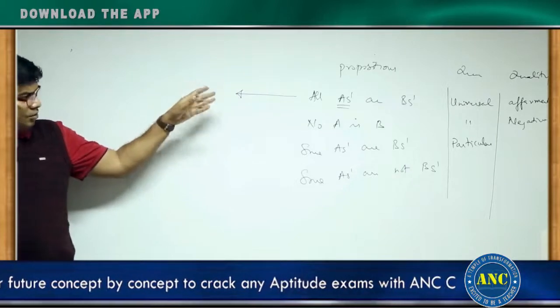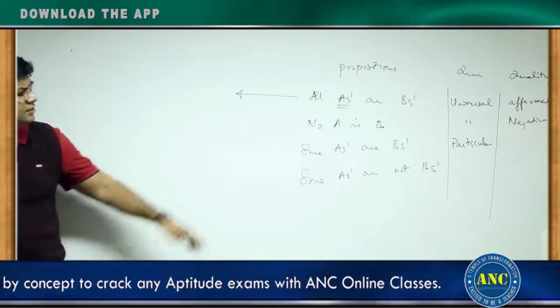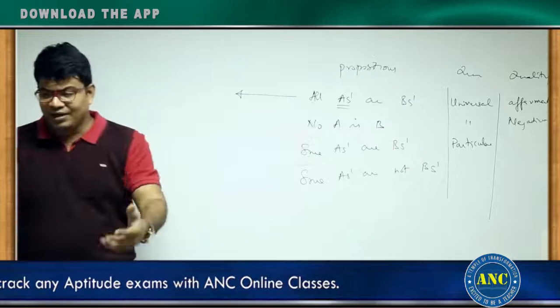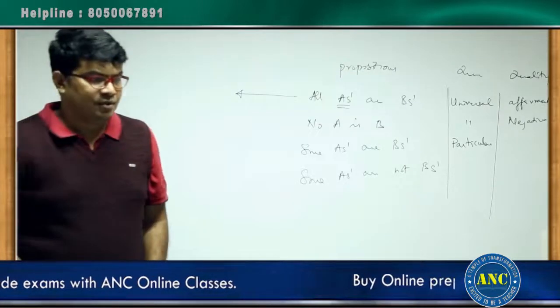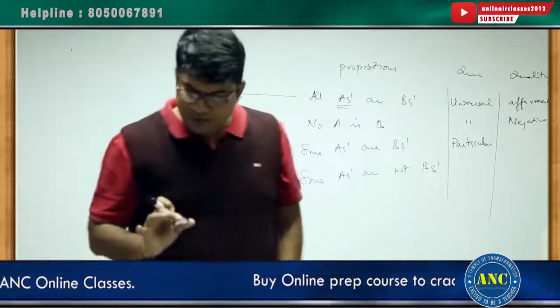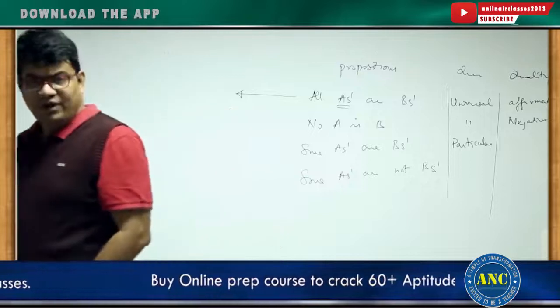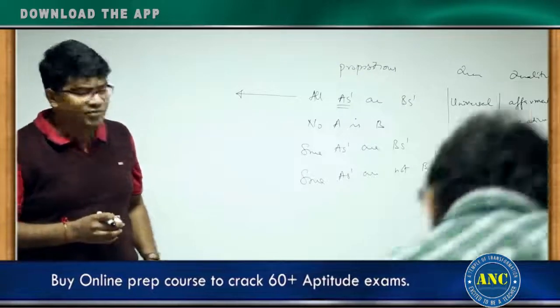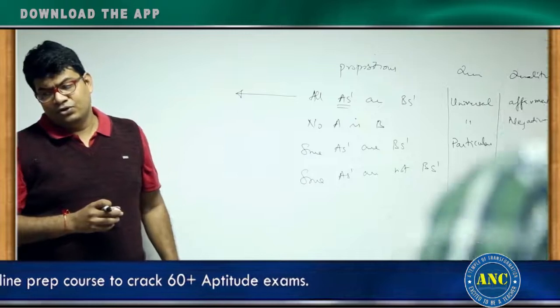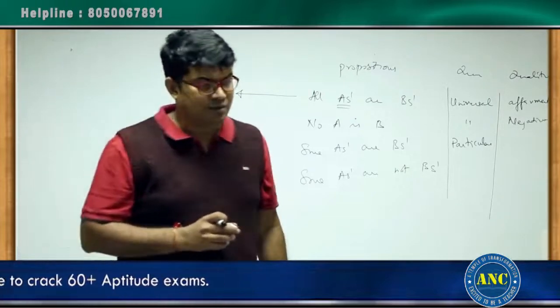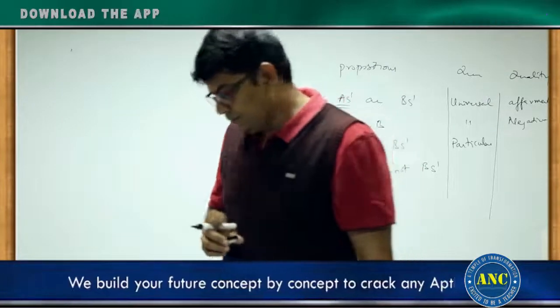So all of you just draw how all A's are B's looks using Venn diagrams. We'll take each statement. First we'll take universal affirmative, right? Show me how that diagram looks. All A's are B's.